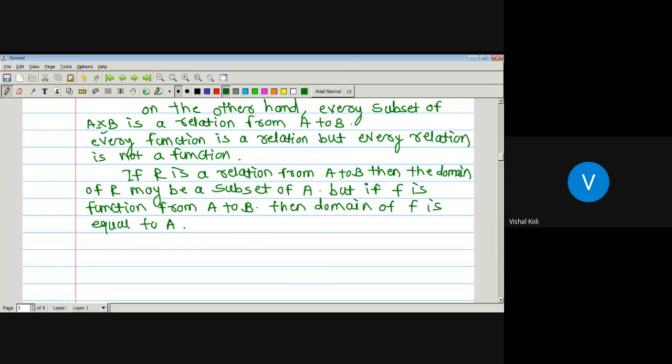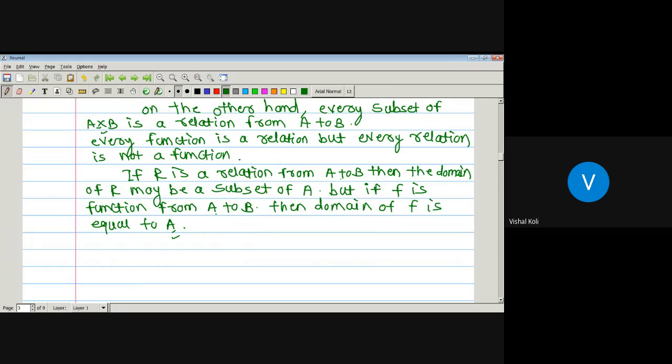If R is a relation from A to B, then the domain of R may be equal to A or it is a subset of A. But if F is a function from A to B, then its domain will be equal to A.